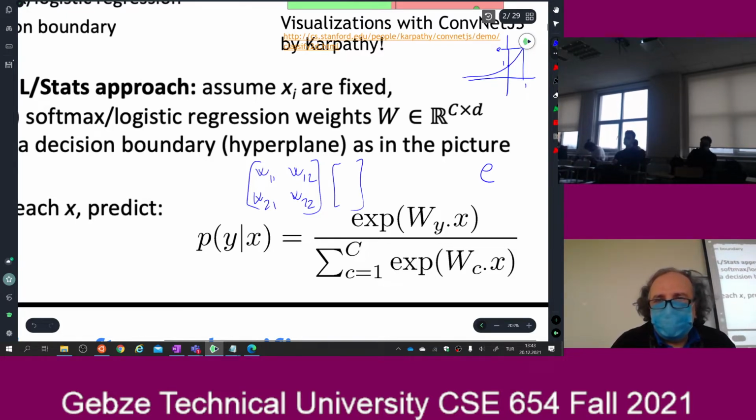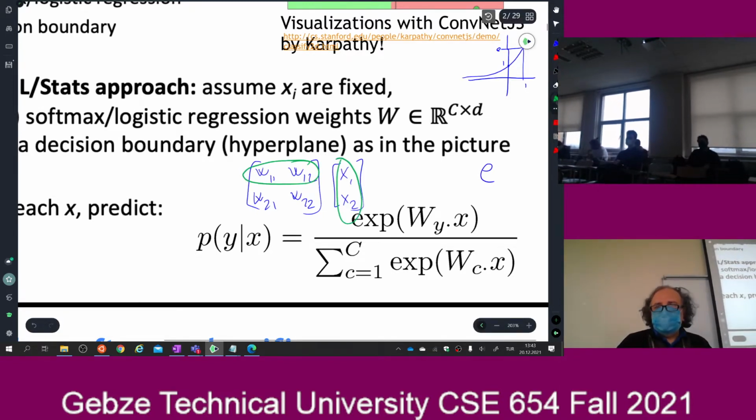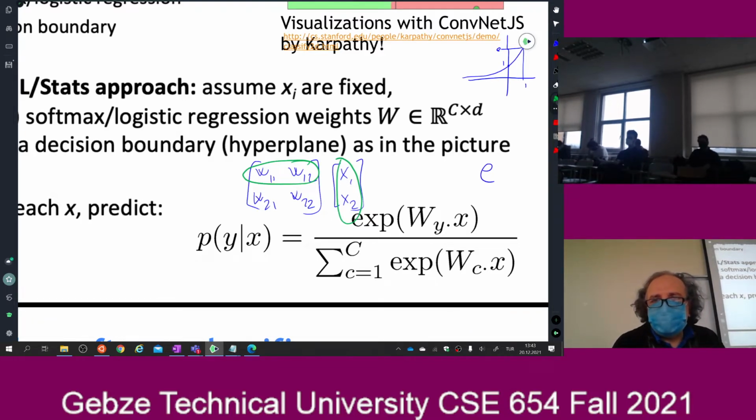I am multiplying this by x1, x2. So I am multiplying this row with this vector. That's what I am doing. So multiply this one with this one and multiply this one with this one. That makes the top part.